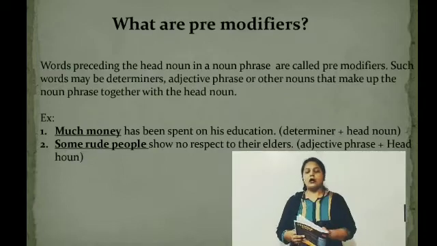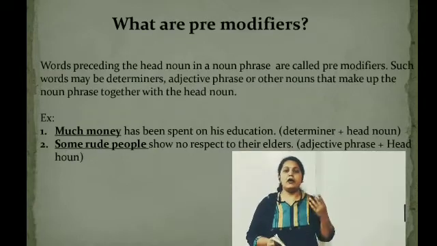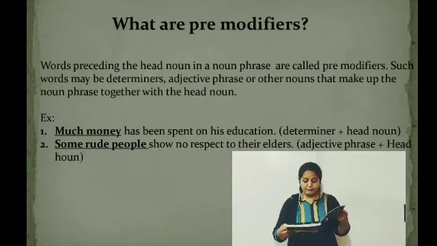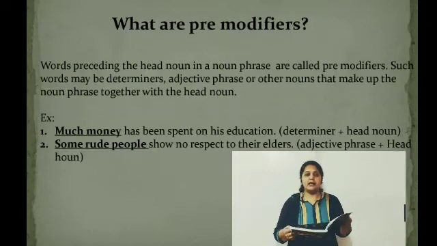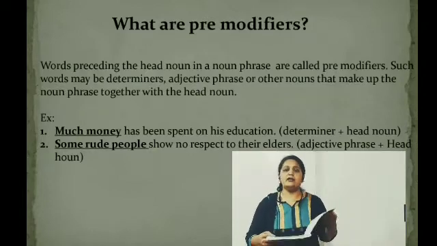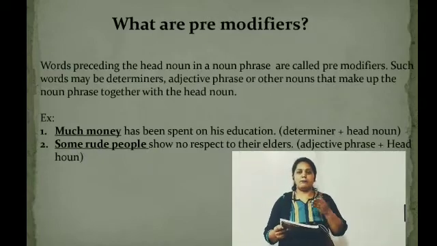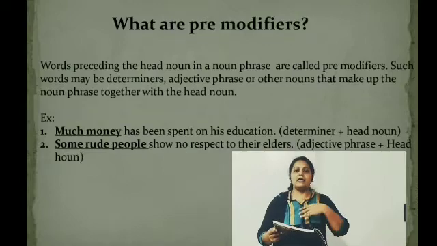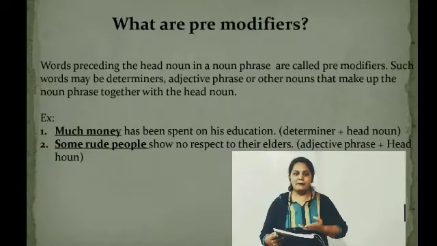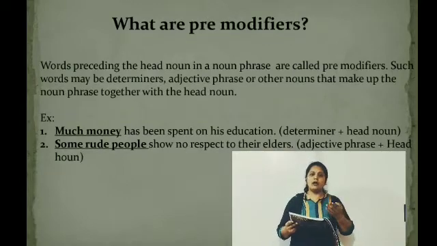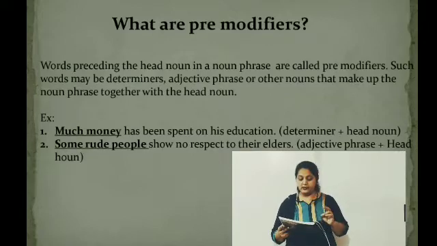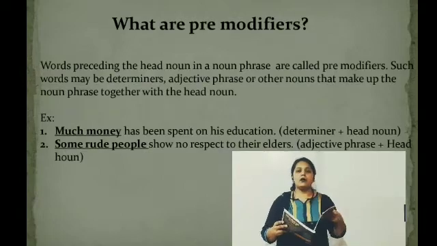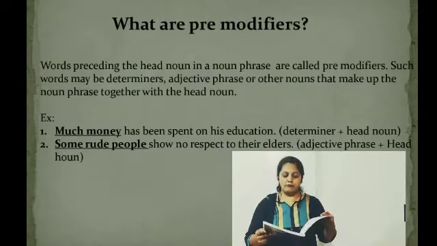If I wanted to complete this blank, I would write: my brother studies in a small primary school. Here school is the head noun, primary is a describing word, and small is again a describing word. So a small primary is an adjective phrase in this blank where we have written the answer.